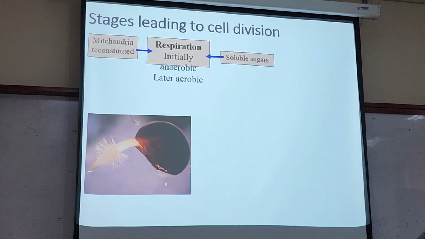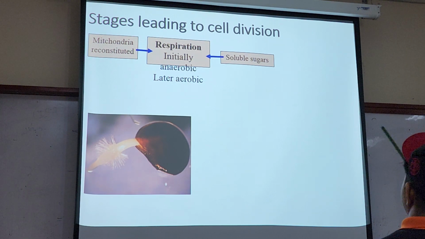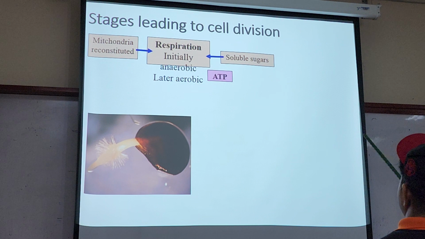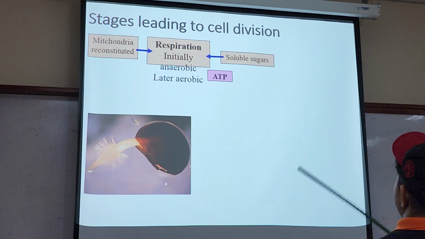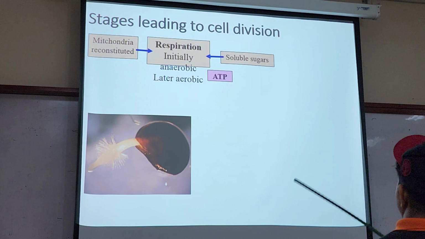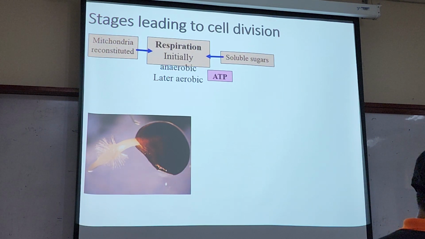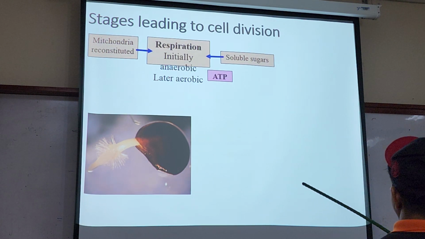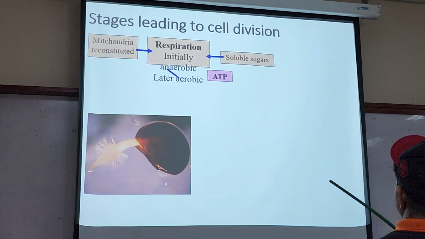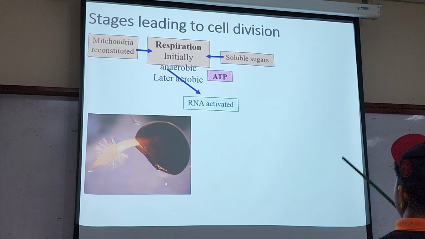In the endosperm, as well as in the cotyledon, you have sugars, carbohydrates, proteins, and lipids. This causes all this food reserve to be used by mitochondria to kick off respiration. At first anaerobic, because there's less oxygen, then it moves to aerobic. When this happens, lots of ATP is going to come about.